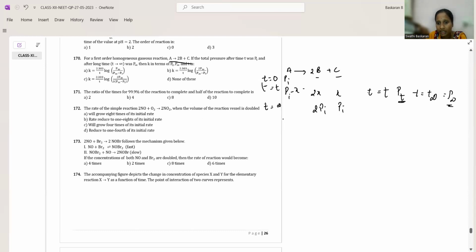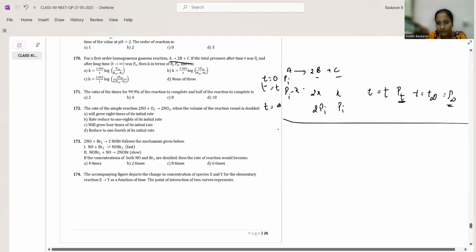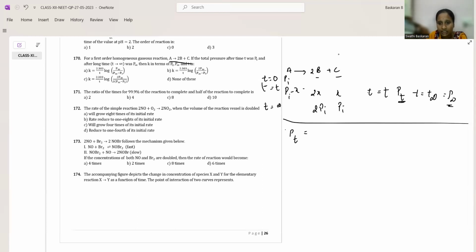Okay, now I will make a line here. Now we are going to do Pt. So how do you calculate Pt? It is nothing but the summation of all these pressures, that is the partial pressure of reactant A, the partial pressure of product 2B, and the partial pressure of C. So Pt is equal to the summation of all these three things, right? Let me write it completely: Pi minus x plus 2x plus x.